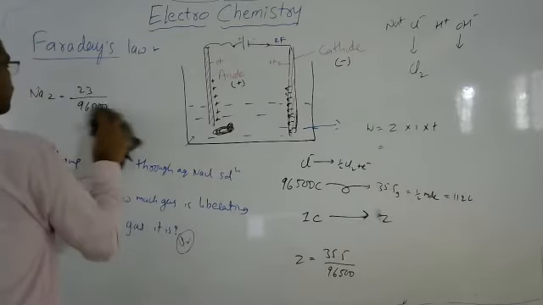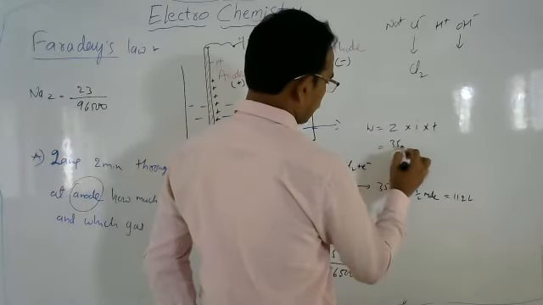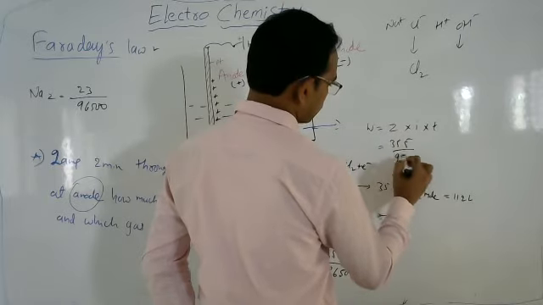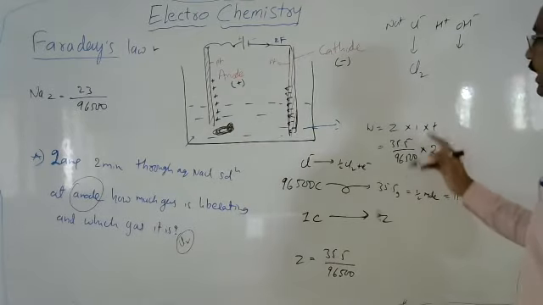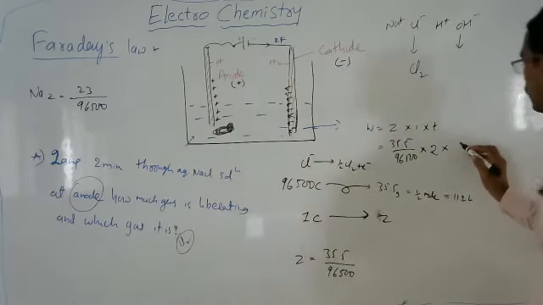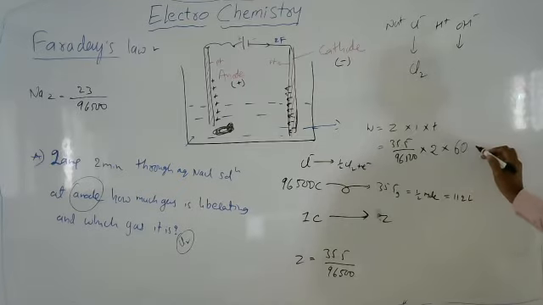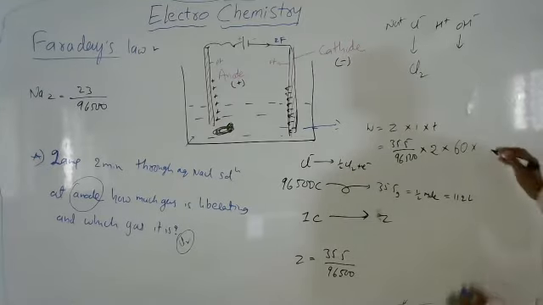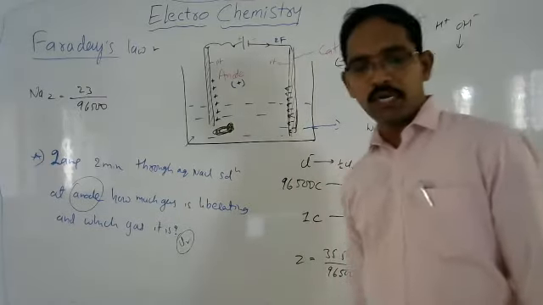Okay, so now put this value here: 35.5 upon 96,500 into I, which equals 2. Then t in seconds: t equals 2 minutes. 1 minute means 60 seconds, so 2 minutes means 2 into 60 seconds.